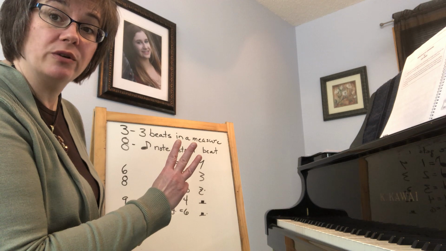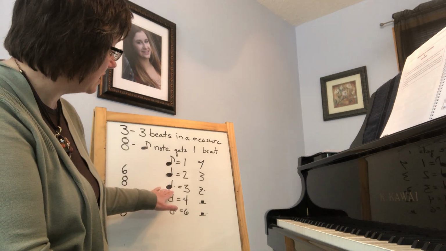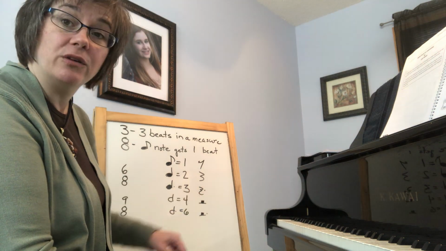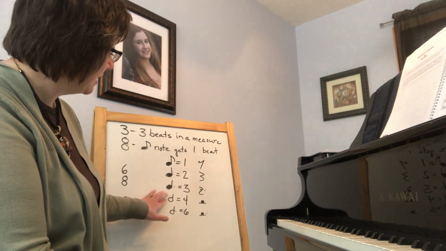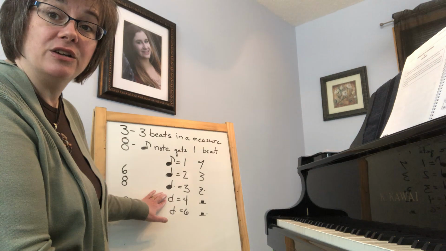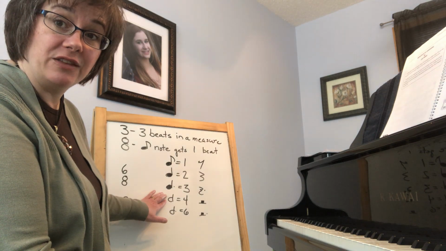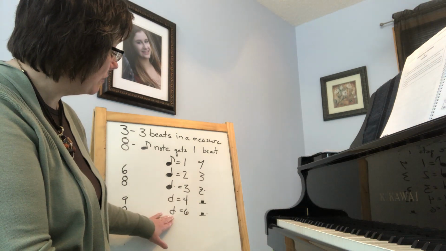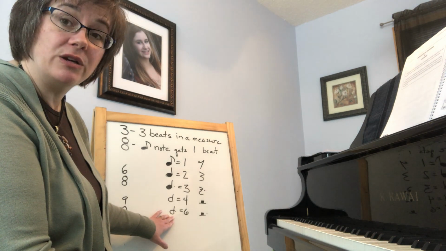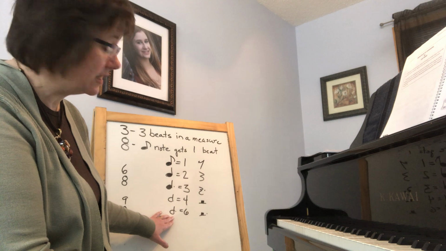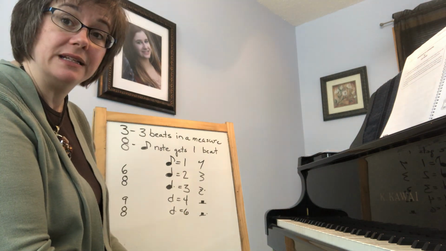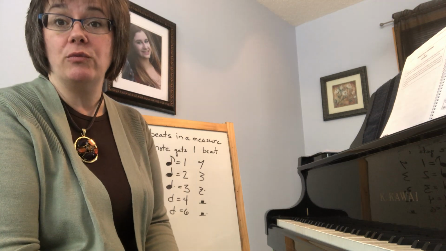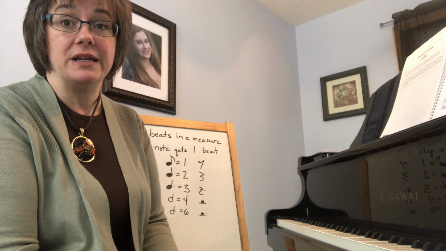If those are each worth 1 beat, that means my dotted quarter is now worth 3 beats. And yes, you can have a dot by a rest as well. My half note, there's 4 8th notes in there, so 4 beats, corresponding rest. My dotted half note has 3 quarter notes, which means 6 8th notes in there, and that's where I'm getting those 6 beats. So essentially, everything is doubled from what we had with that 4/4 meter.